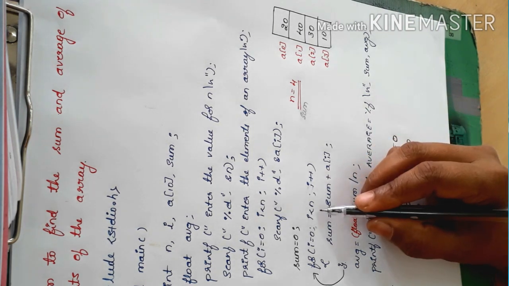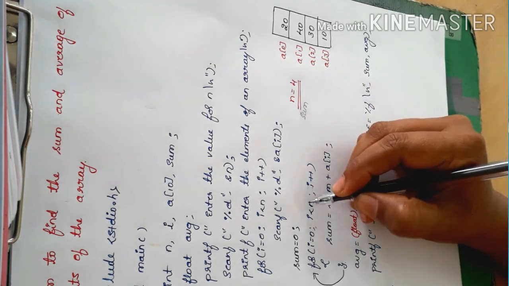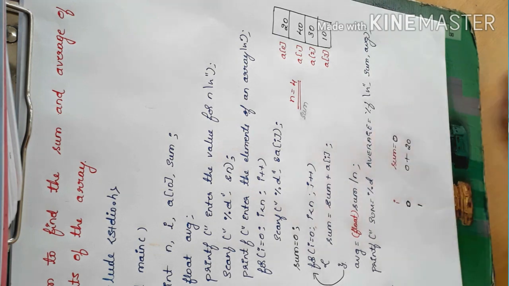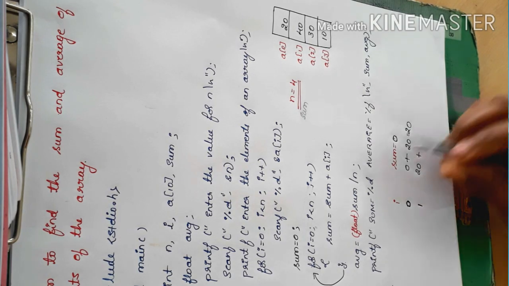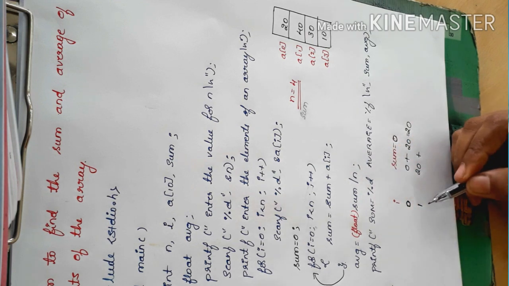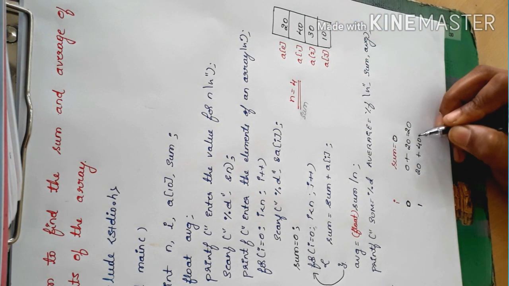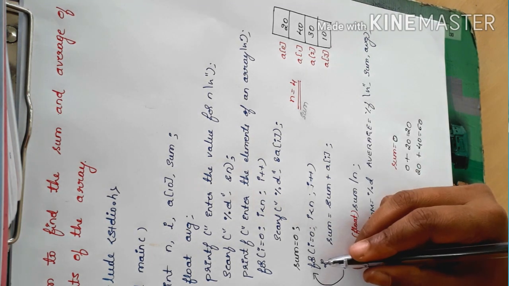Next, condition, that is i less than n. i value is 1, n value is 4. 1 less than 4, the condition is true. Control enters the for loop. Sum is equal to the previous value of sum plus A of i, means A of 1. A of 1 value is 40. That is 60. End for means control returns back to the for loop.